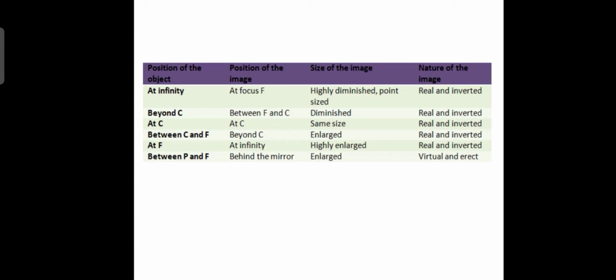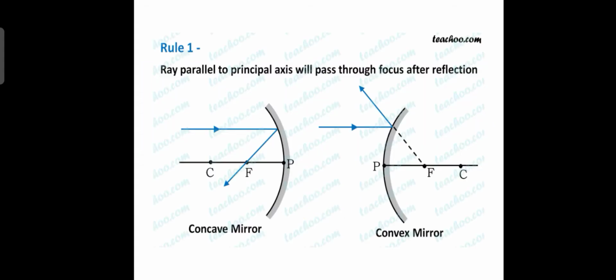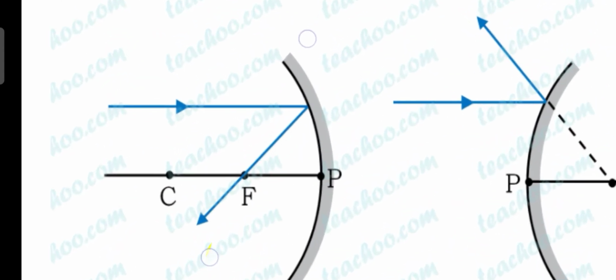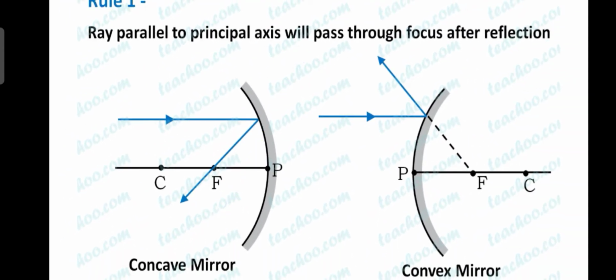Now let us look at the different rules for drawing the ray diagram for identifying the position of the image. Rule 1: a ray parallel to the principal axis will pass through the focus after reflection. That means when we consider the concave mirror, you can see that this is the incident ray and it is hitting the mirror and it is reflected back through the principal focus.